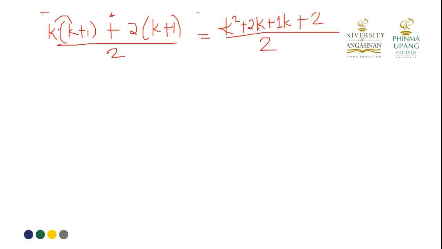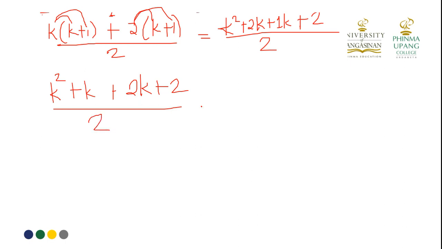What is k times k again? K squared. What is k times 1? K. Plus, what is 2 times k? 2k. What is 2 times 1? 2, all over 2. Is equal to, dapat mag-equal yung left to right. So k squared plus 2k plus 1k plus 2.